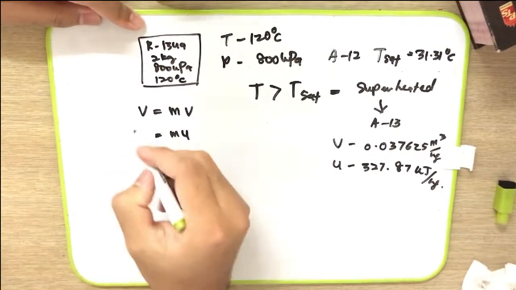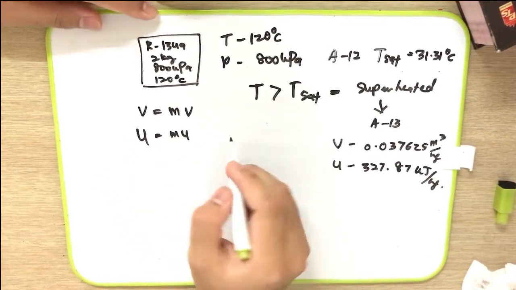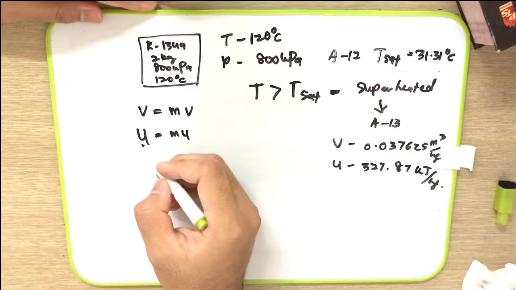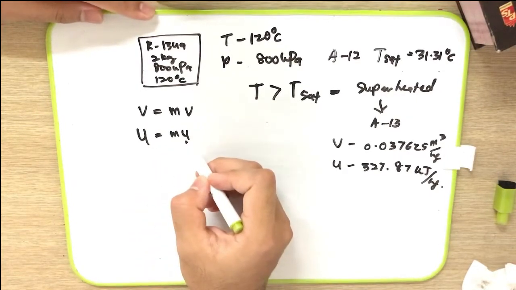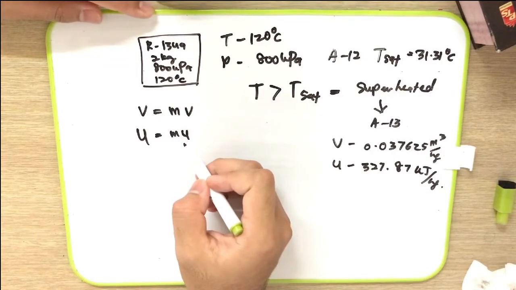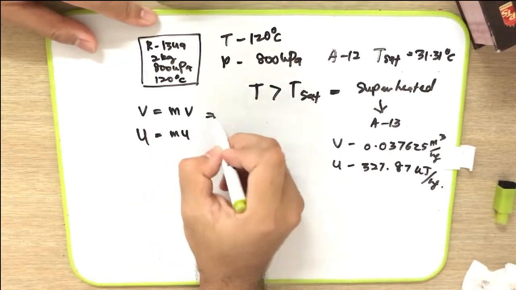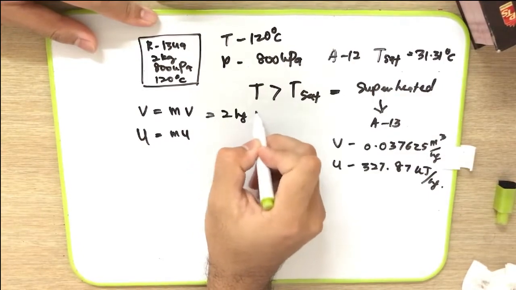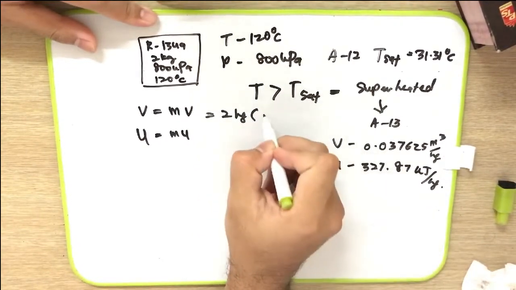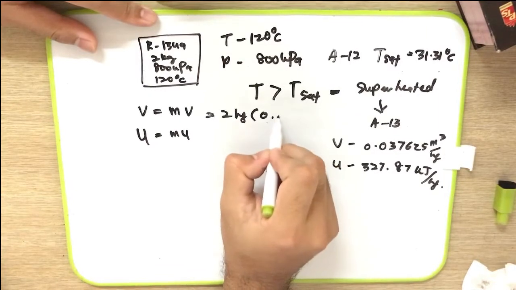It's supposed to be U in the capital letter. So U in the capital letter is total internal energy. U in the small letter is specific internal energy. So we multiply the mass with what we get from table A13.